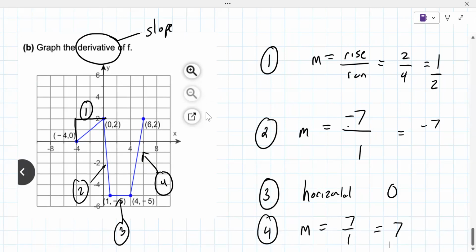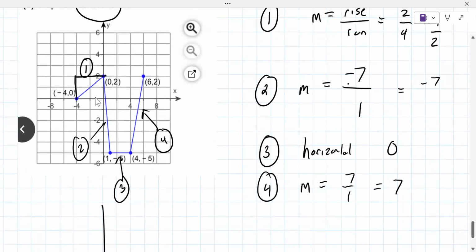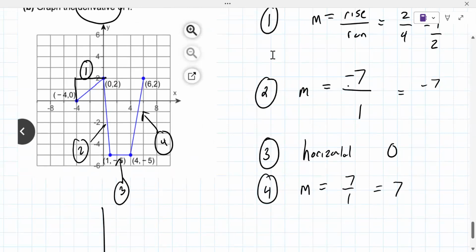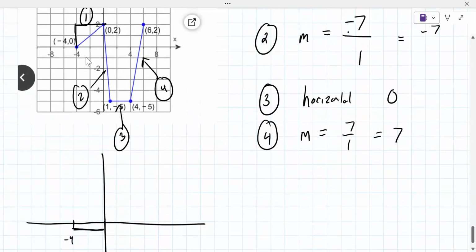Okay, great. Now, in terms of how you graph the derivative, in each window, from -4 to 0, we know the slope is 1/2. So it's going to be a horizontal line at 1/2.